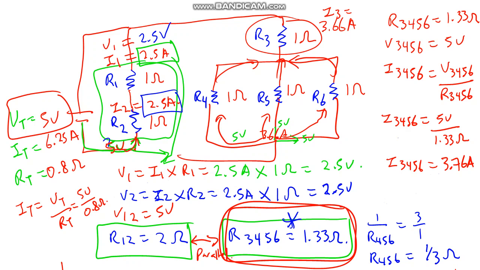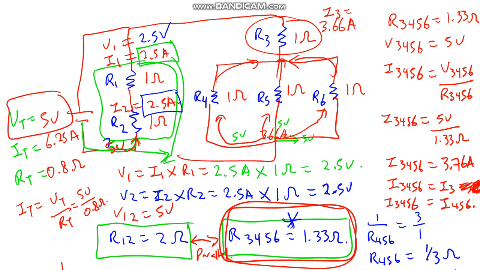So I3456 is equal to I3, and also equal to I4, also equal to I3456. So also equal to I456.